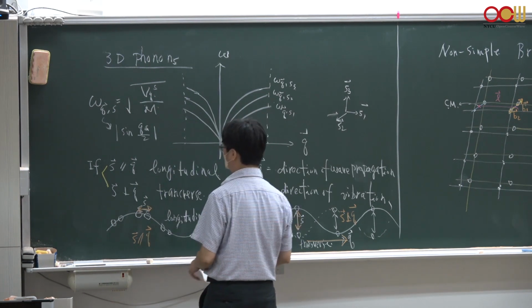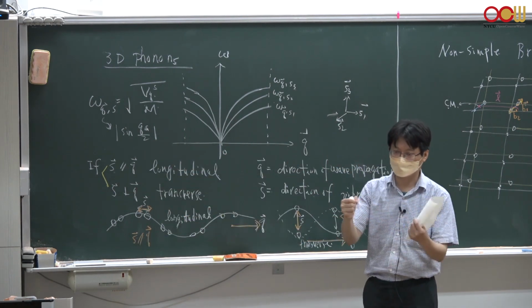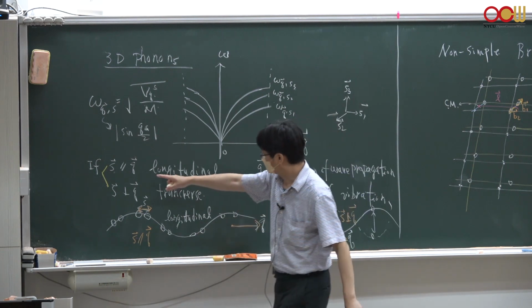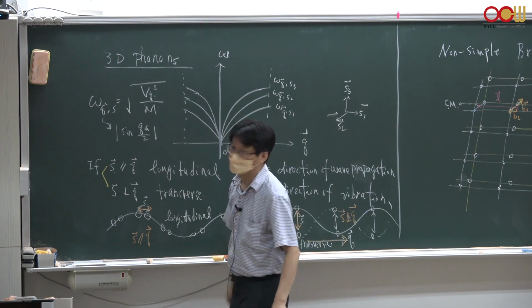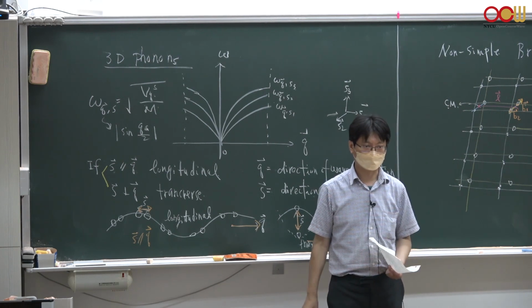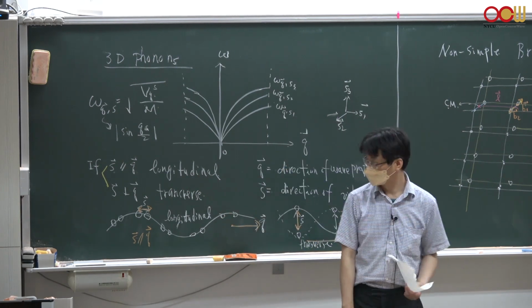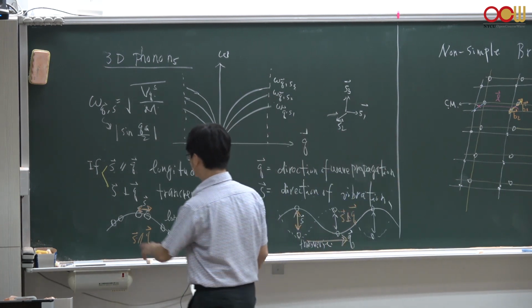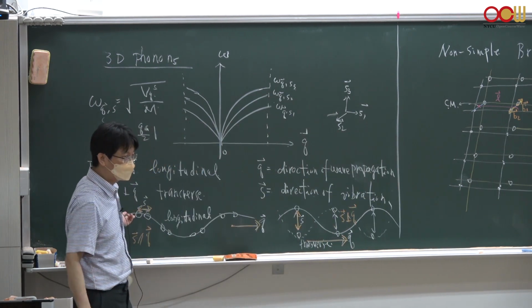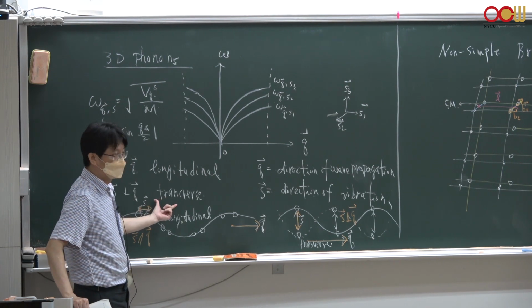If the direction of the lattice vibration is the same as the momentum or wave propagation direction, then we call this a longitudinal phonon mode. On the other hand, if the s direction is perpendicular to the momentum or wave propagation direction, then we call this a transverse phonon.